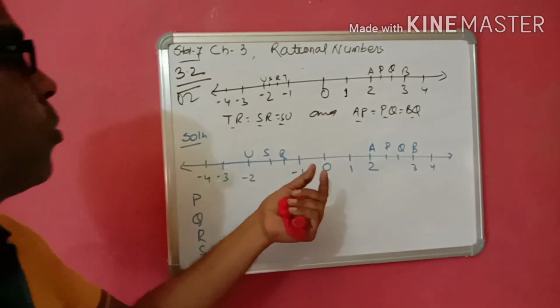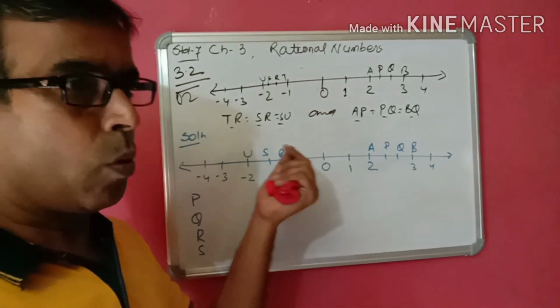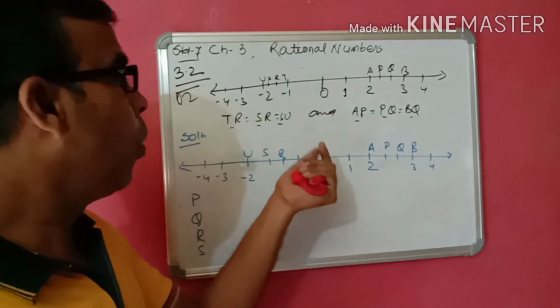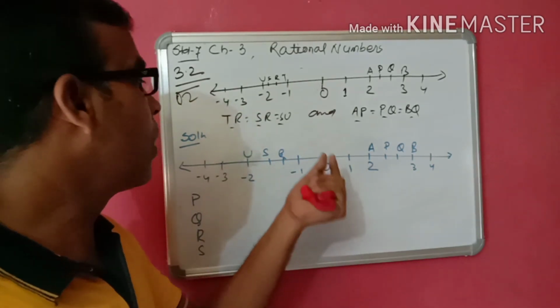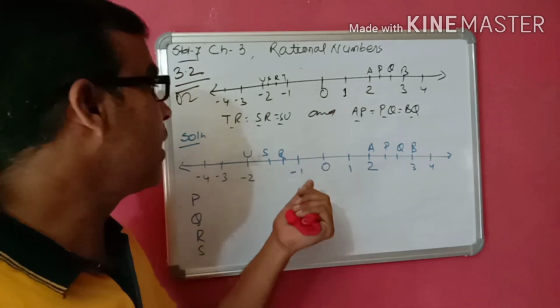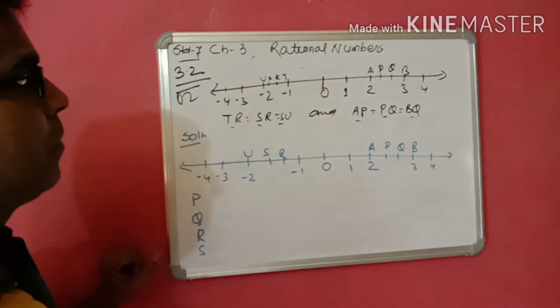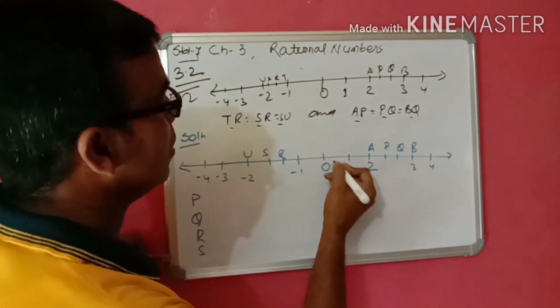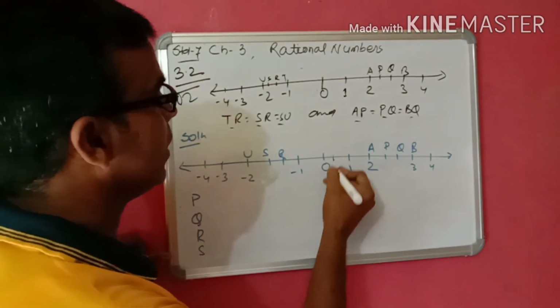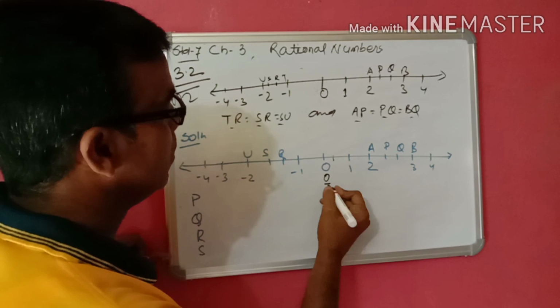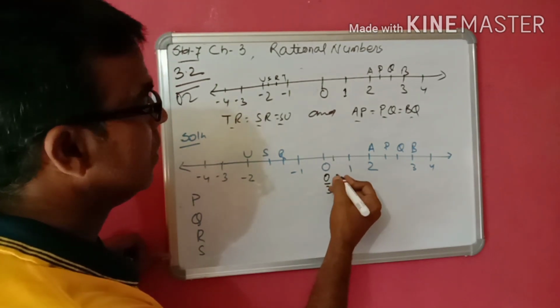So from 0 to 1 we have to make 1 by 3, 2 by 3, 3 by 3. Here, where nothing is there, it means 0 by 3.